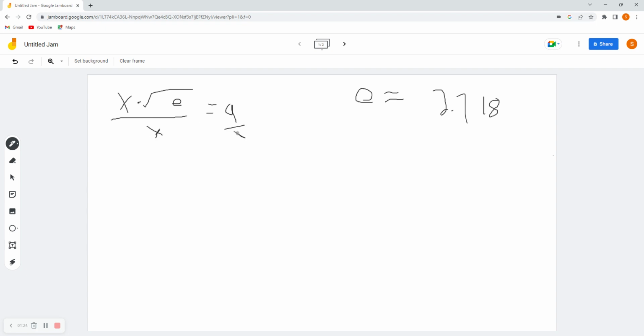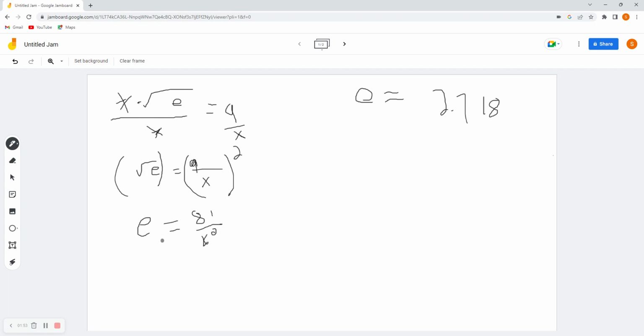So we put x on this side, these cancel, and we get square root of e is equal to 9 over x. Square both sides, and you get e is equal to 81 divided by x squared.